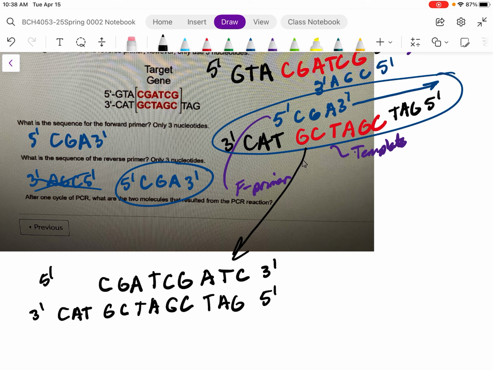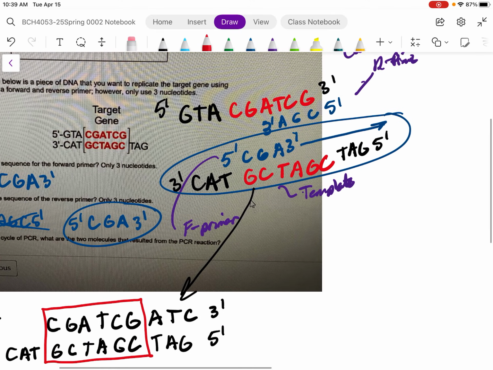Okay, so what's happening here is that the template strand gets converted into this piece, where you will now see that this right here is the gene of interest. Okay, so that strand gives us that molecule, like so.